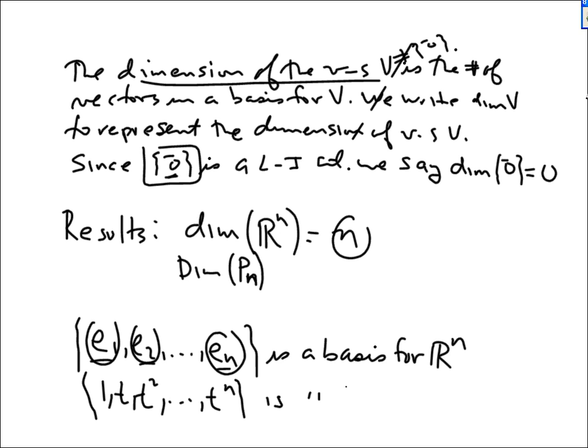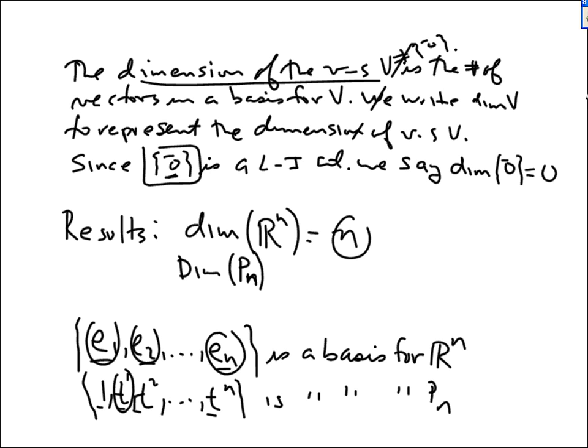This is our basis for P sub n. I can write any polynomial of degree n or less using those vectors, those polynomials. And there are n plus 1 of them.